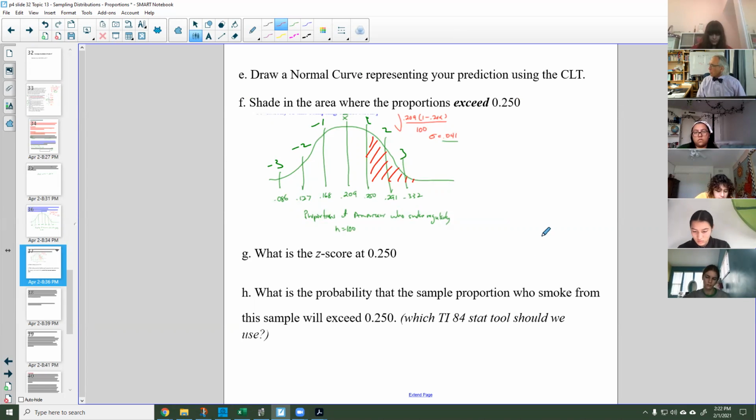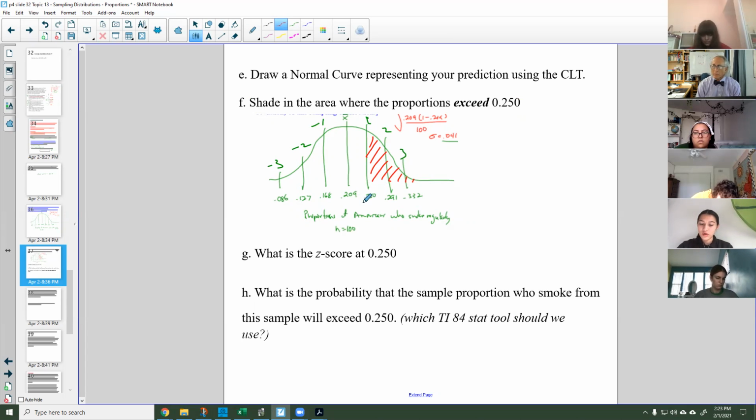What is the z-score at 0.250? Sandra, can you give me the z-score at 0.250? Oh wait, you just sent me a text a minute ago that said she's out for a minute. Not again, there we go. Mila, can you give me the standard deviation at 0.250? I mean the z-score at 0.250.